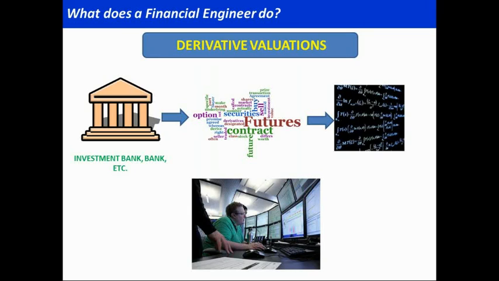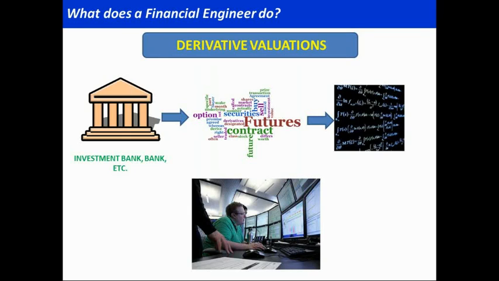Now what is the current value of the portfolio? That has to be determined on a regular basis. So that would imply that one has to find out the value of those derivatives. And these derivatives are pretty complex in nature.